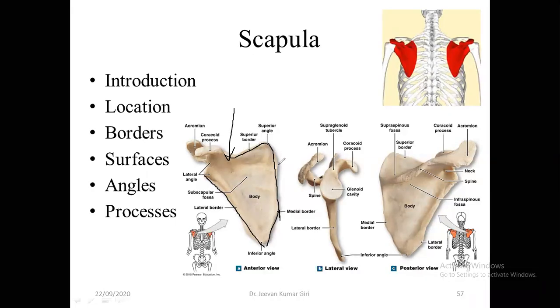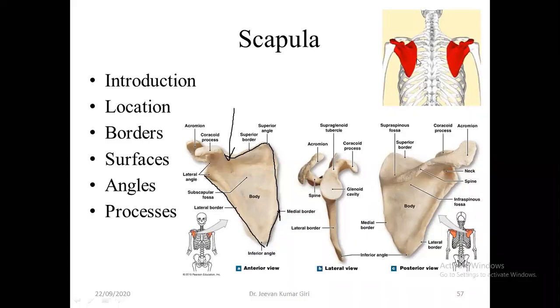Now this is the medial border. If you compare it with the lateral border, the medial border is comparatively thin, and the lateral border is the thick border, lying along the lateral side. In this diagram, the medial border extends between the superior angle and the inferior angle.